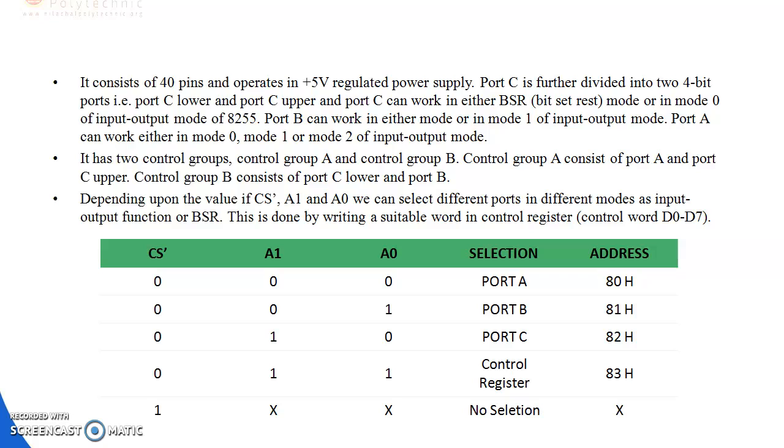So the table is given below, that is CS bar, A1, A0, then selection and address.